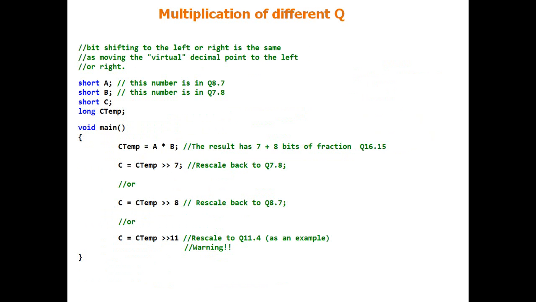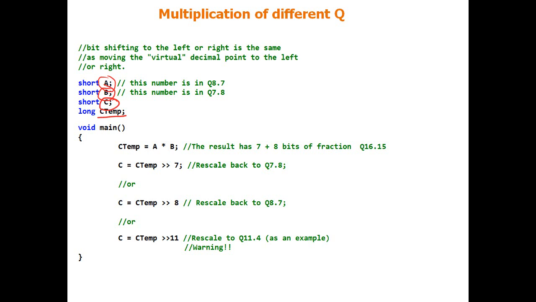All right, so let's look at some tricky things we can do here. I got some more pseudocode. So let's say we have two 16-bit numbers, A and B, and we're just going to assume A is in Q8.7, B is in Q7.8, and I have a C for the result, and this C temp is an intermediate.